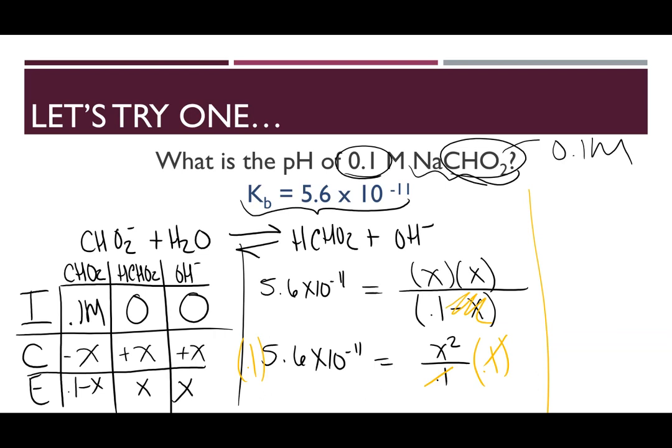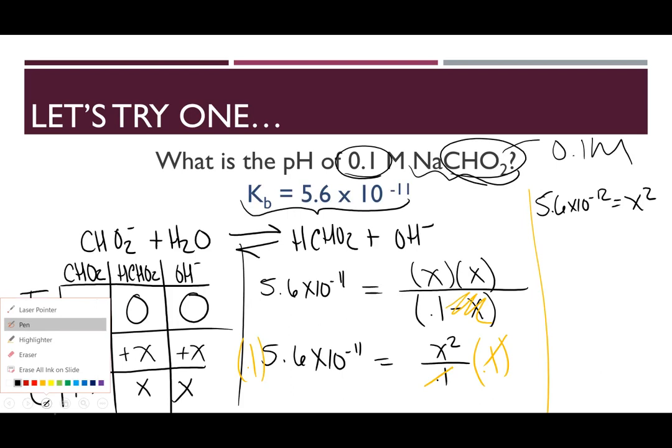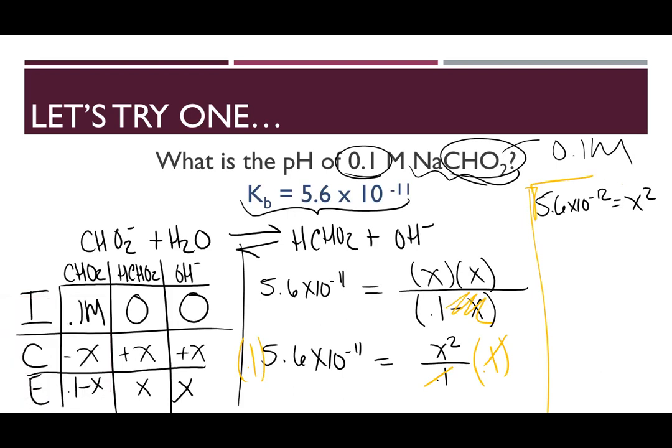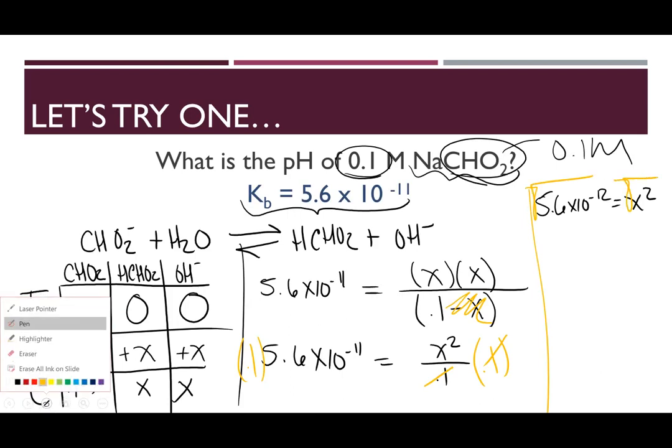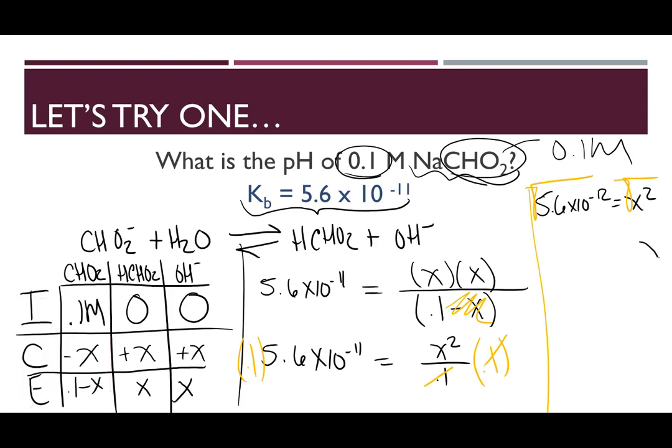We're going to take 5.6 times 10 to the negative 11 times 0.1 equals, so we'll have 5.6 times 10 to the negative 12 equals X squared. Then we'll take the square root of that. So X equals 2.4 times 10 to the negative 6.